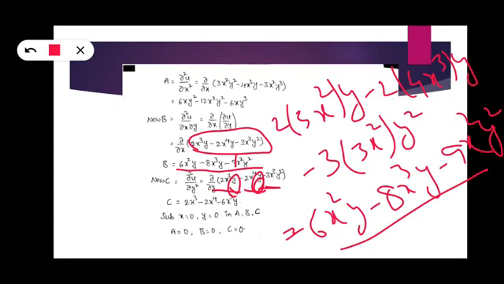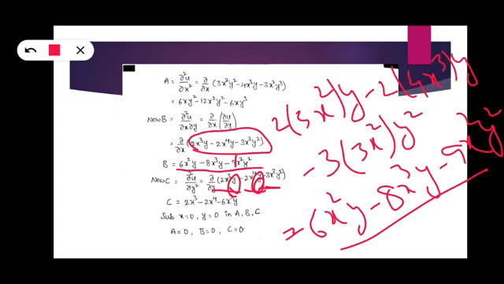Now we substitute x equals 0 and y equals 0 in a, b, c. All the a, b, c have x, y. So if we substitute x equals 0 and y equals 0 in these a, b, c, then finally we get a equals 0, b equals 0, c equals 0. Why? Because there is no constant here.